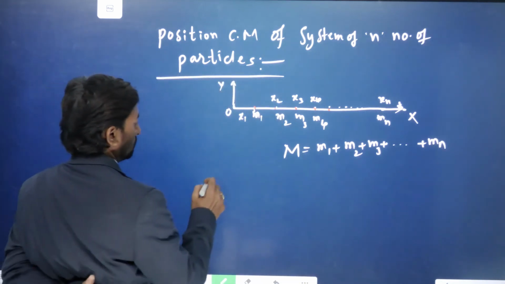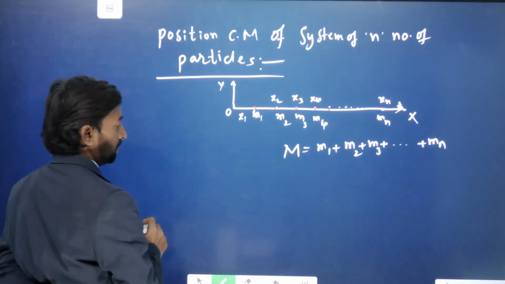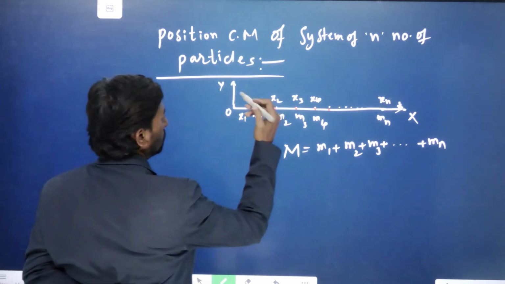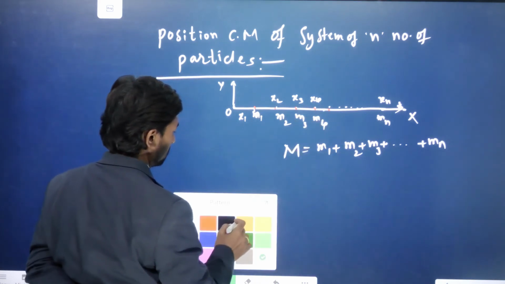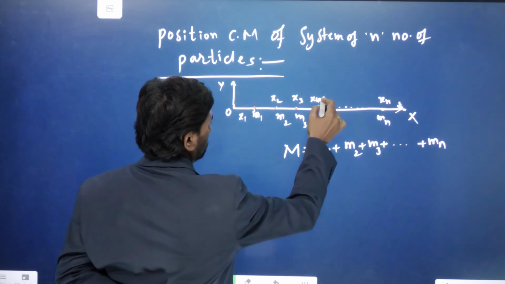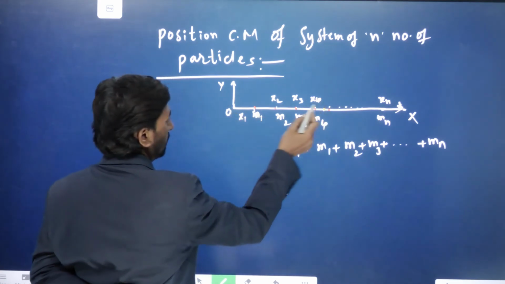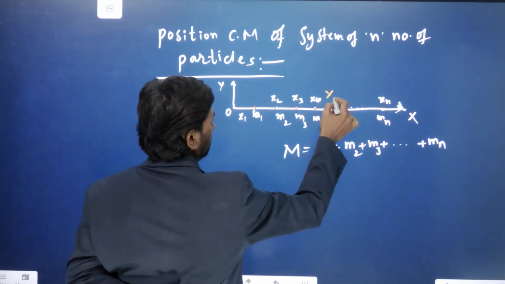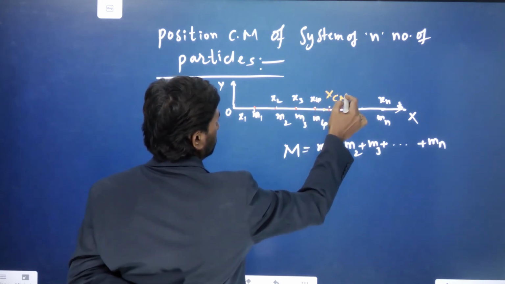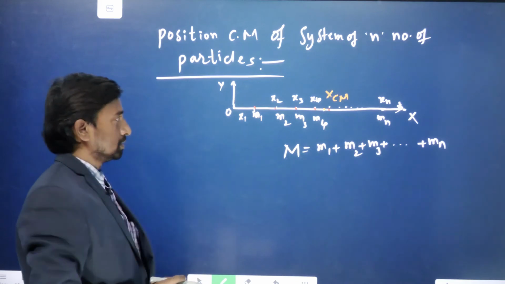Now let us consider that somewhere here the center of mass will be present, at a distance from the origin that we call xcm.